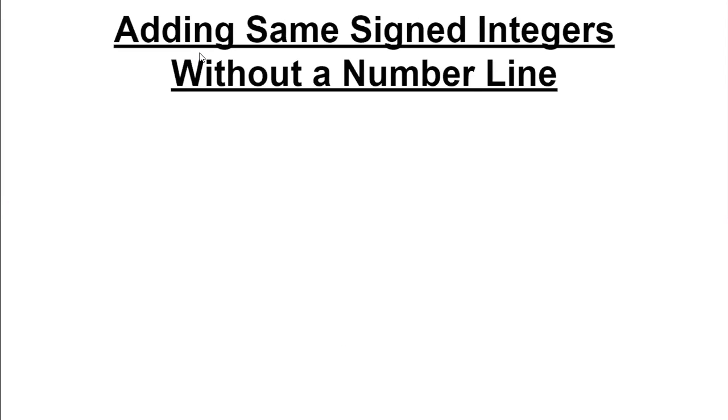So let's add some numbers without the number line to help us. What is negative 8 plus negative 1? If you can visualize that in your mind, did you get the answer? Negative 9. Very good.